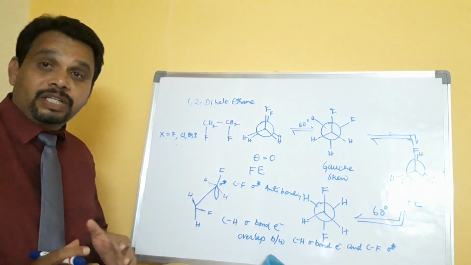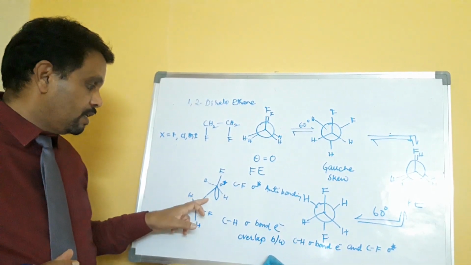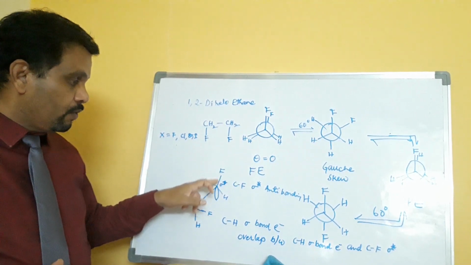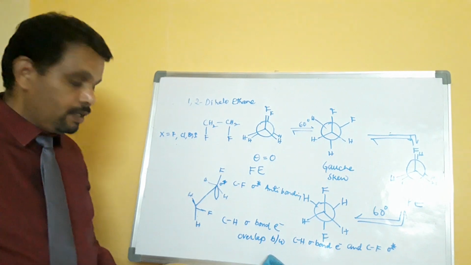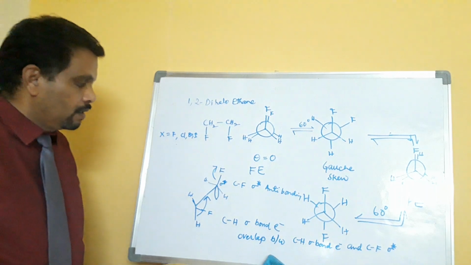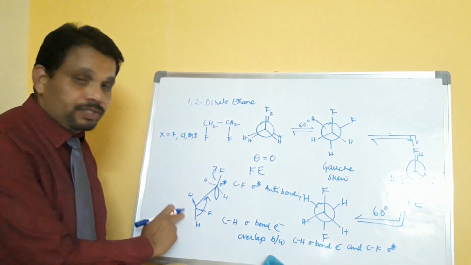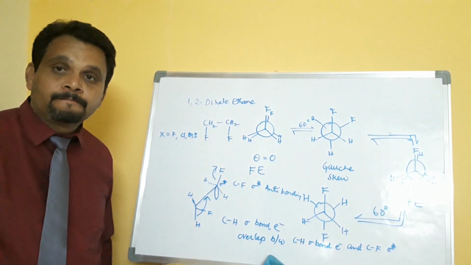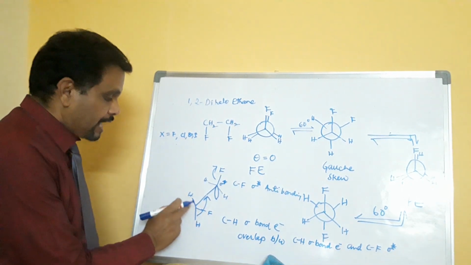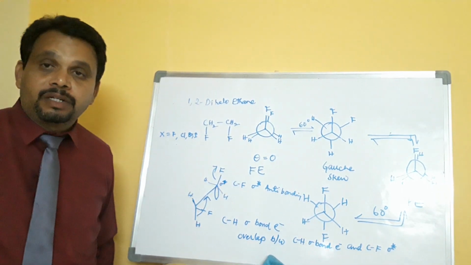Okay, so there is an overlap between the CH sigma bond orbitals and these carbon-fluorine sigma star antibonding orbitals. Therefore, hyperconjugation is possible in this. Hyperconjugation plays an important role in this. Therefore, this hyperconjugation makes this gauche conformer stable.